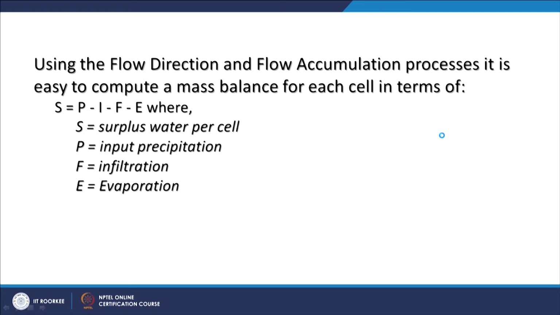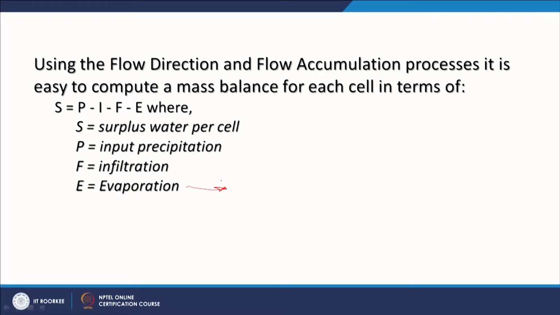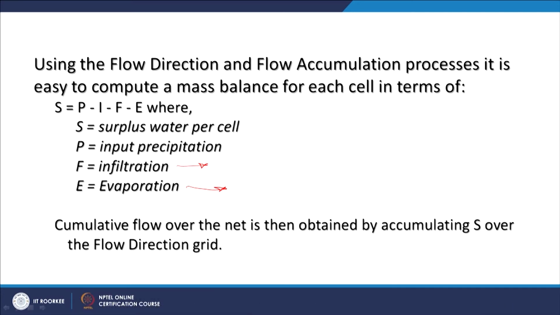Because the more realistic a picture you want in modeling, or the better the prediction, you have to bring in other losses of the water, and here it comes in the form of evaporation or evapotranspiration, which goes to the atmosphere, and infiltration, which goes downward towards the groundwater, and of course input is also there. So, this cumulative flow over the net is then obtained by accumulating S over the flow direction grid.